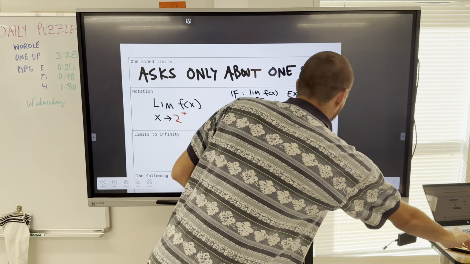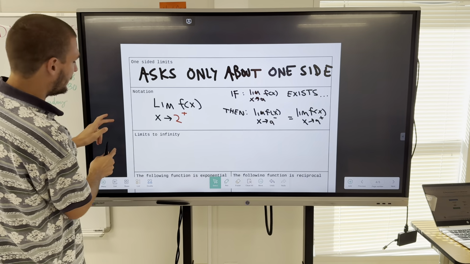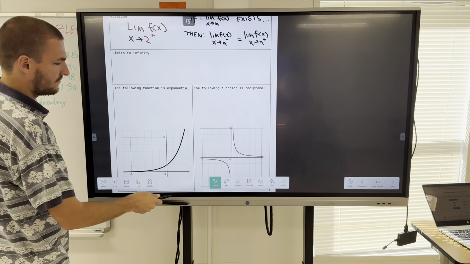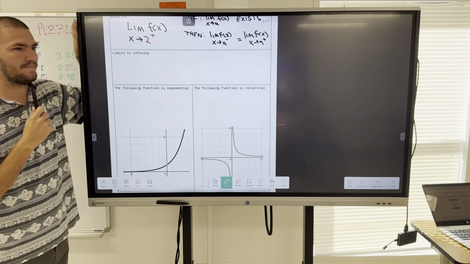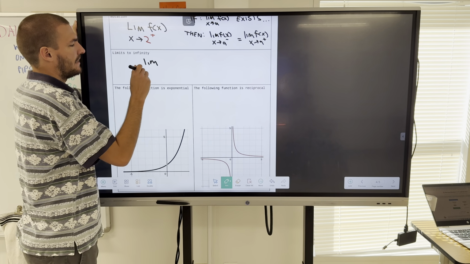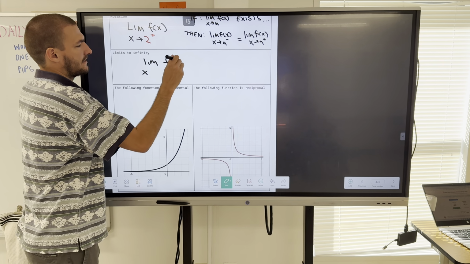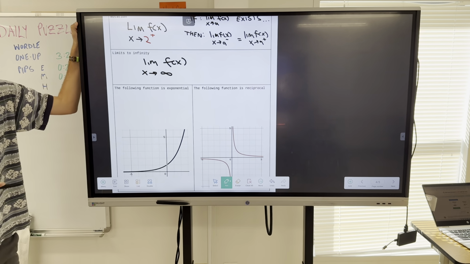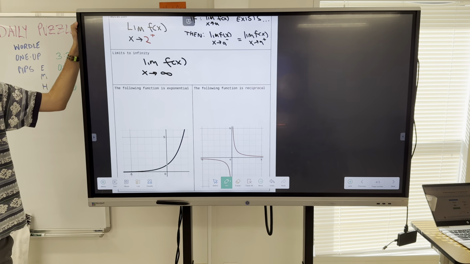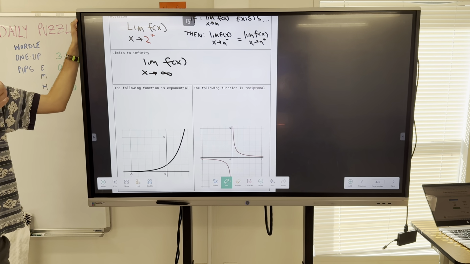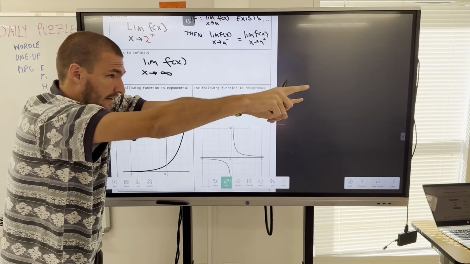Okay, we've got limits to infinity. These make a lot of sense here. It could be something like the limit of f of x as x goes to infinity. And of course, going to infinity means it's going this way forever.